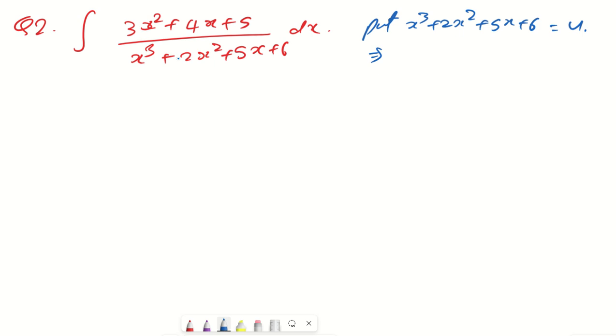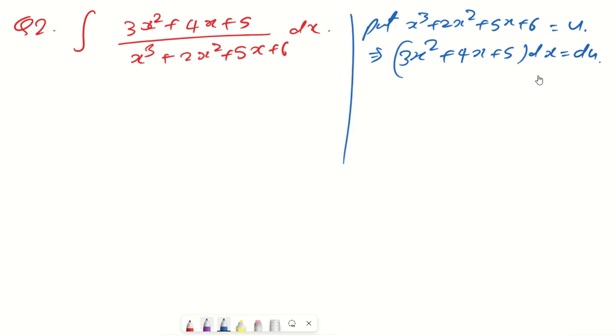Then by differentiating both sides, we can get (3x square plus 4x plus 5) dx is equal to du. So as you can see, the numerator is almost actually equal to (3x square plus 4x plus 5) times dx. So we can write our integration as the integration of du divided by u.